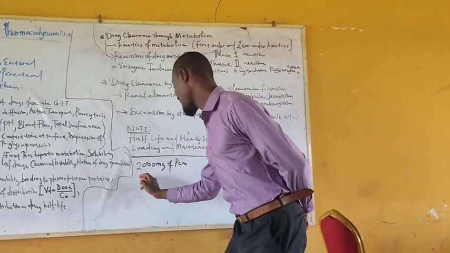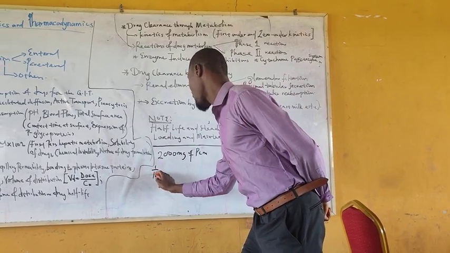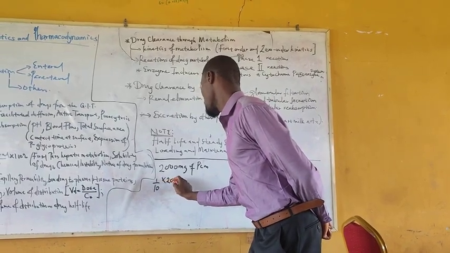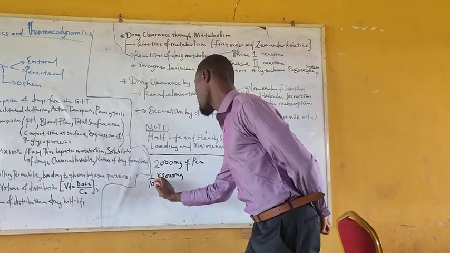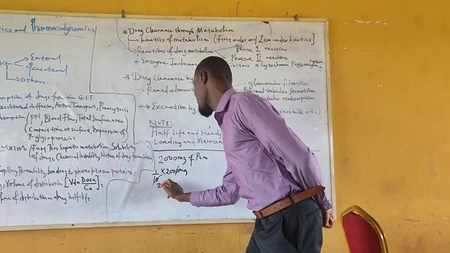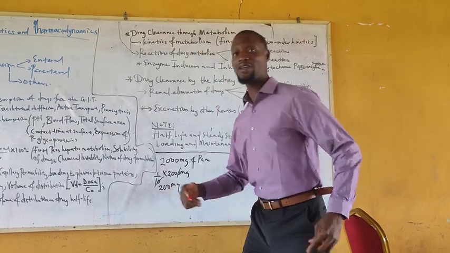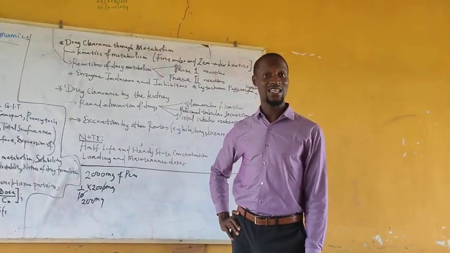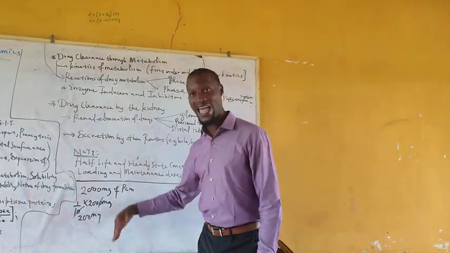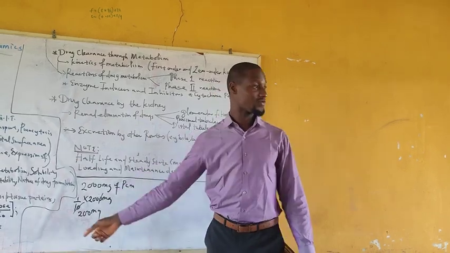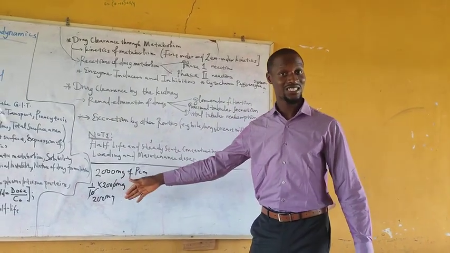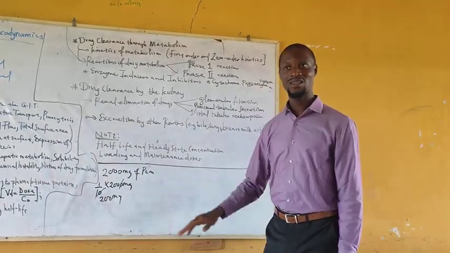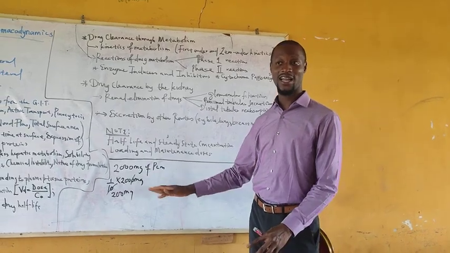So 1 over 10 of 2,000 milligrams will give us what? 200 milligrams. So at every time, 200 milligrams of this drug will be metabolized. It means that we just need 10 rounds of this to metabolize completely this drug. This is an example of how first order kinetics works.